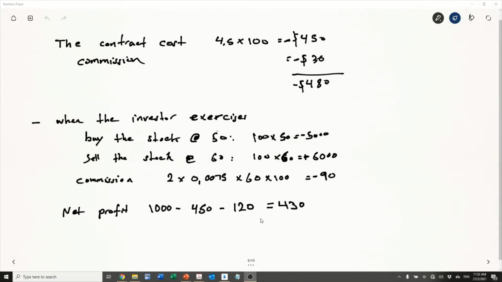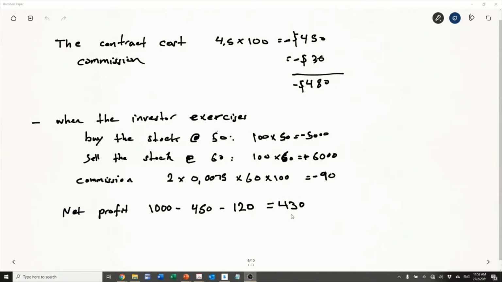So the net profit out of this transaction: he received a payoff of 1,000. How did we get the 1,000? It's the difference between the selling price of the stock and the buying price of the stock, times 100, minus 450, the contract cost, the premium he paid, minus 120. 120 is basically the commission he paid when he entered into the contract, and the commission he paid when he exercised the option.